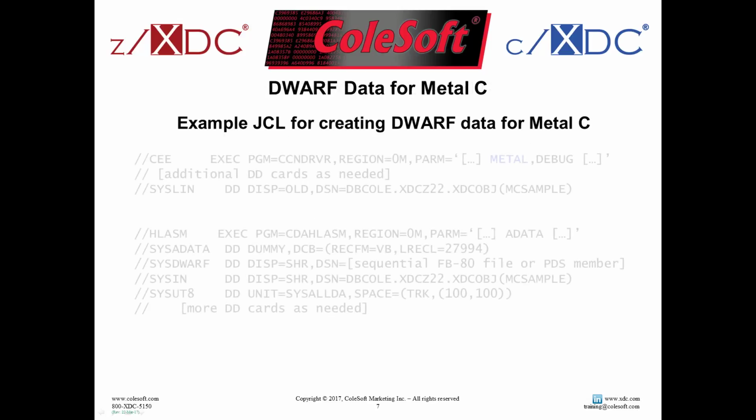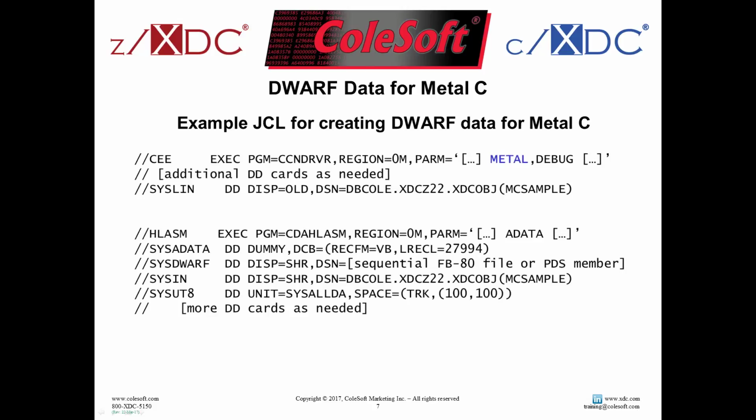For Metal C, the JCL is a little more complicated. For one thing, the compilation requires two steps: a C compiler step, then a post-processing assembly step that runs a special variation of the assembler named CDAHELASM. The Dwarf data is produced by the CDAHELASM step, not the C compilation step.